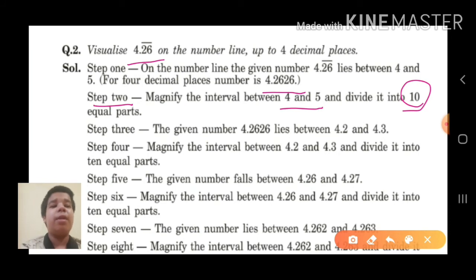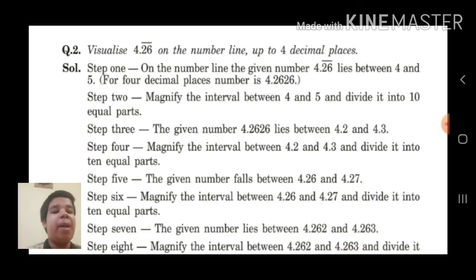As we know, the number 4.2626 lies between 4.2 and 4.3, so we have to mark 4.2 and 4.3. In the next step, which is 4, we have to magnify the interval between 4.2 and 4.3 and divide that into 10 equal parts.